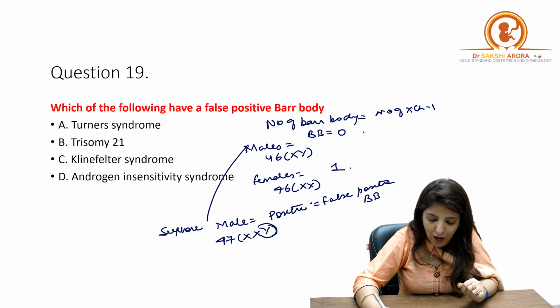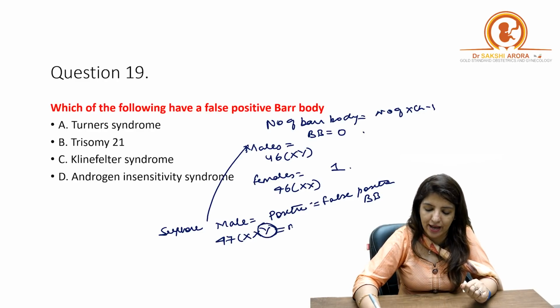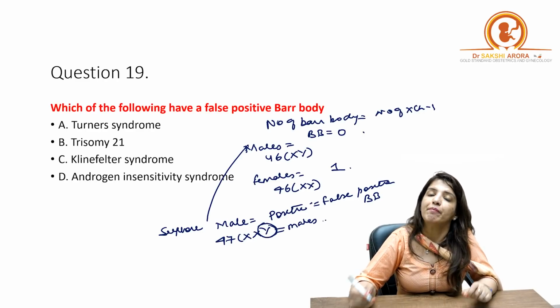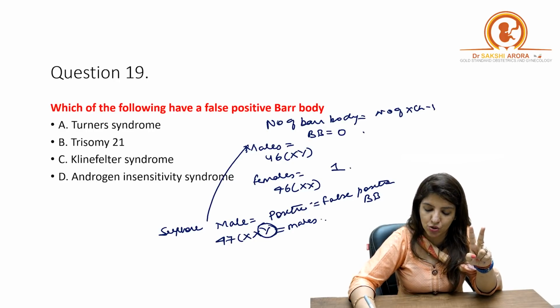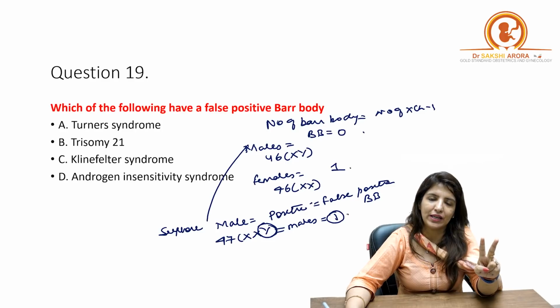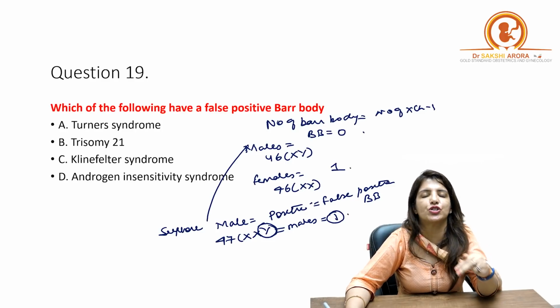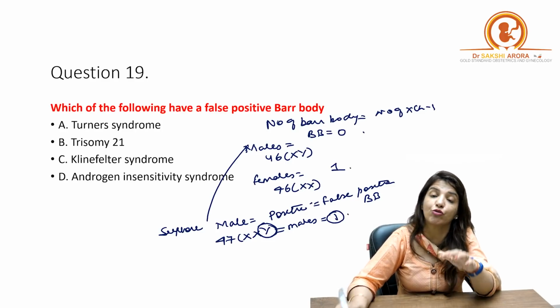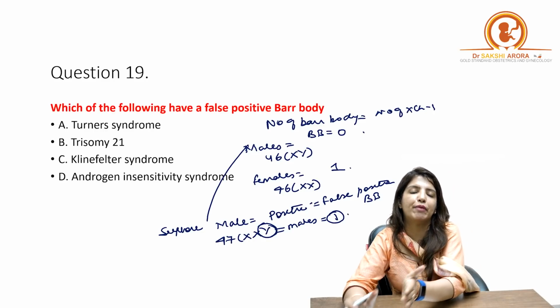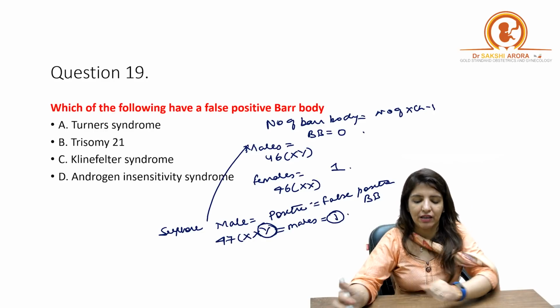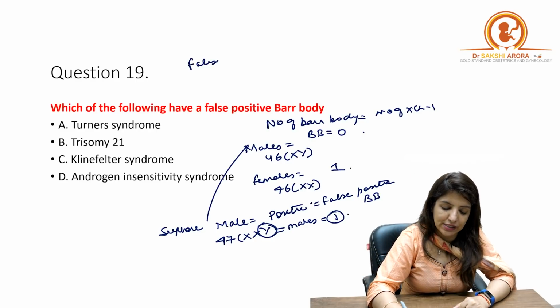Because Y chromosome is present, I am saying that they are males. But in these males, because 2 X chromosomes are present, they have 1 bar body. So this is a false positive bar body, which means that the person is not a female, but still they have bar bodies.